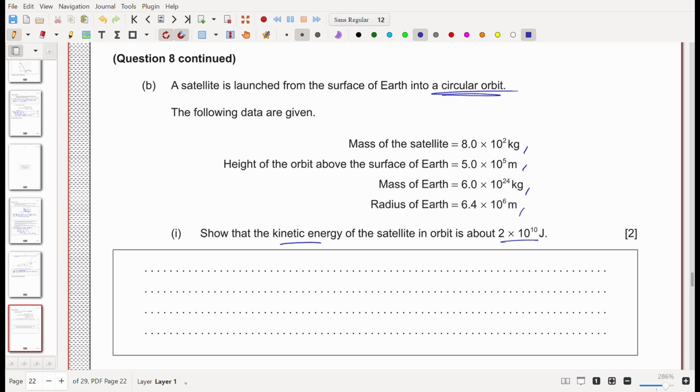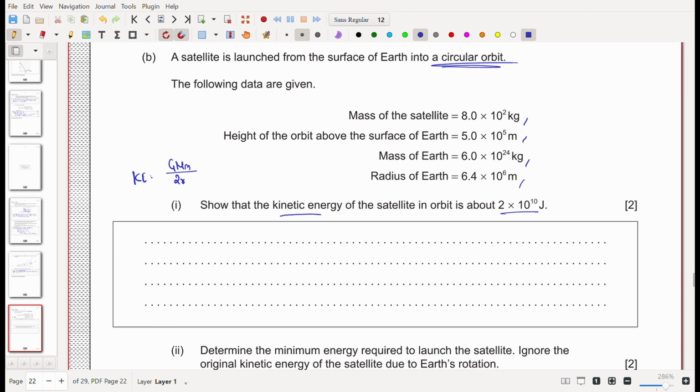Now, you could go ahead and straight out write the formula for kinetic energy of orbit, which is equal to GMm by 2r, which a very nice teacher of mine had us memorize. But you don't have to do this. You can derive this from our formulas in the data booklet. Let's start off with v orbit, which is equal to root over GM by r.